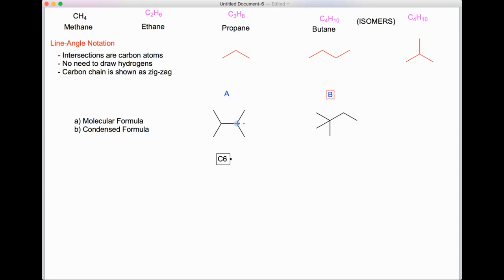How many hydrogens here? 1, that's 8. How many here? 3. And how many here? 3. So how many hydrogens total? Once again, 14 hydrogens. 3, 6, 7, 8, 11, 14.